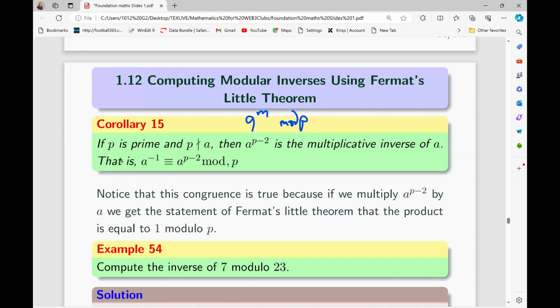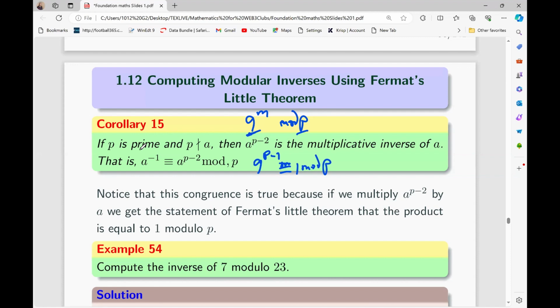We said that by Fermat's little theorem, if p does not divide this number, then 9 raised to p minus 1 is congruent to 1 mod p. So that's what we did yesterday.